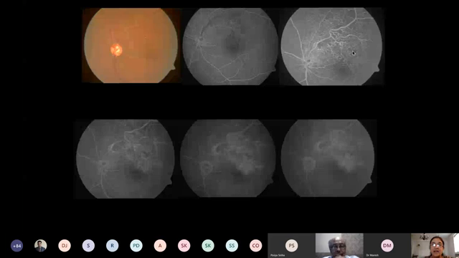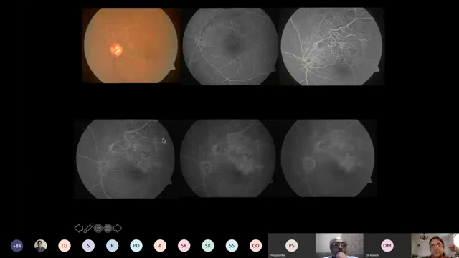If I was to read this angiogram, I would say these are the areas of hypofluorescence. And what are the areas of hyperfluorescence I'm seeing? Well, yes, there is a kind of diffuse leakage. And why do I call it a leakage? Because the margins of this hyperfluorescence are becoming blurred as you move from mid to the late phases.